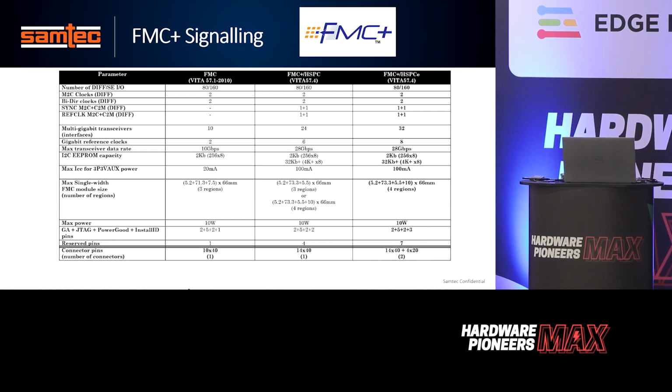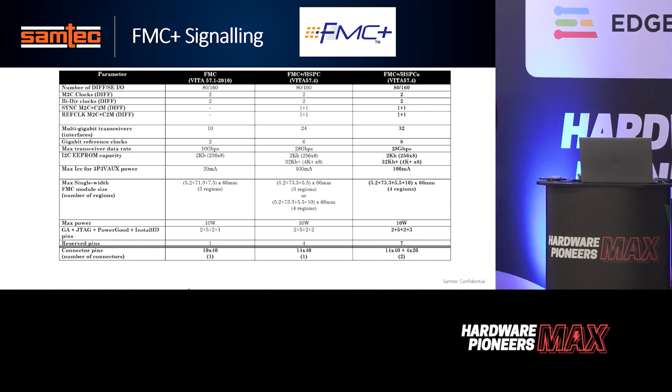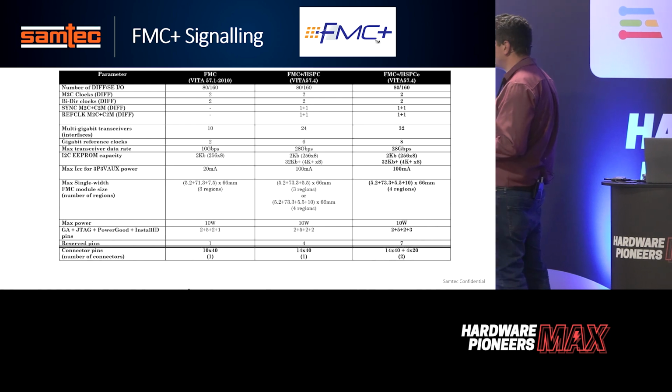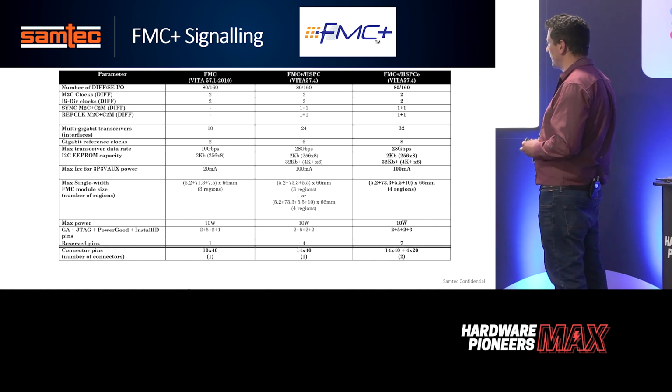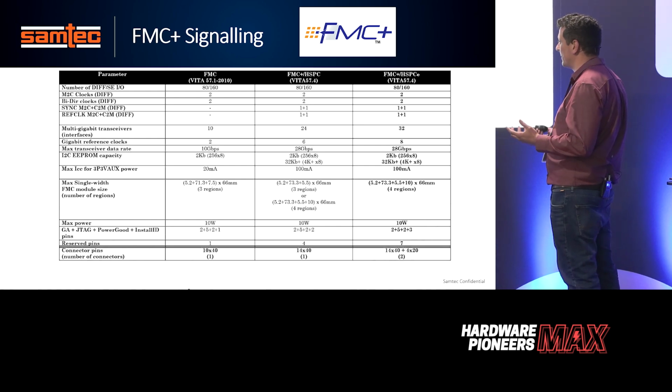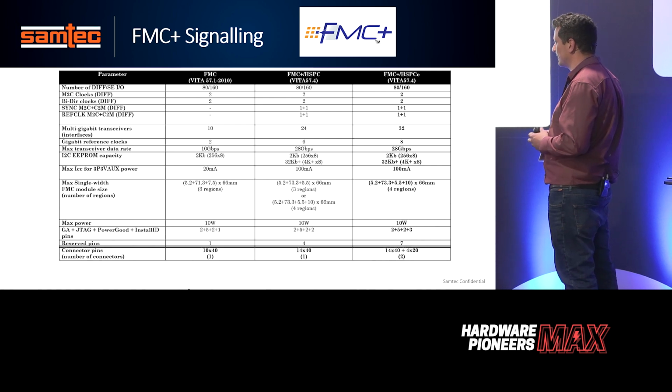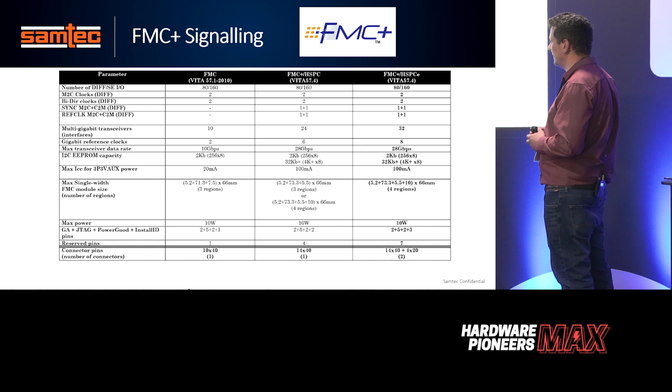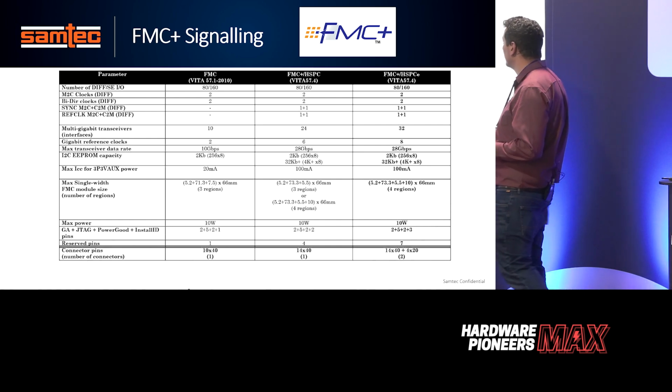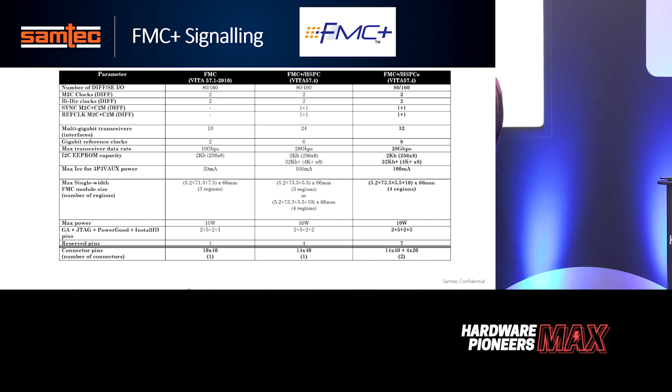The VITA group looks at different standards, mostly for the military aerospace type applications. And the FPGA manufacturers said that they needed a standard so customers could evaluate different functionality. So we started with a 400-pin connector, the original FMC, which is available in two flavors.